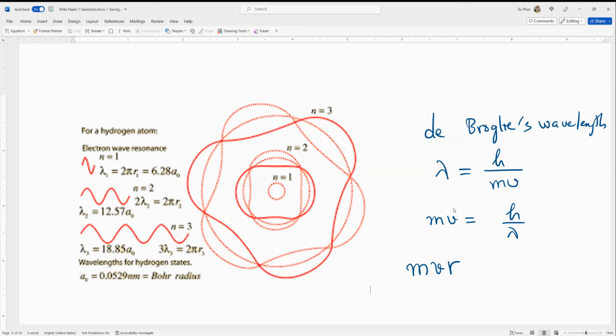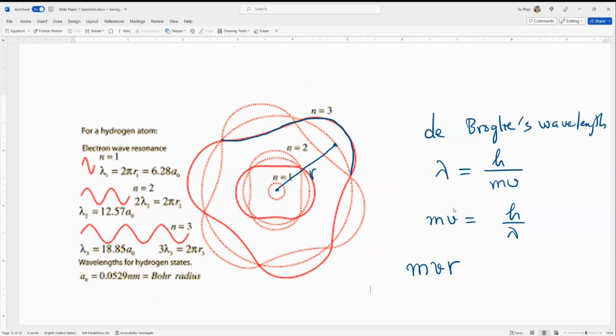And here you see it's like a wave around the circle. Basically, the radius we are talking about, the distance from the nucleus to this circle, is the radius of the orbit, and the electron is like a wave around that circle.